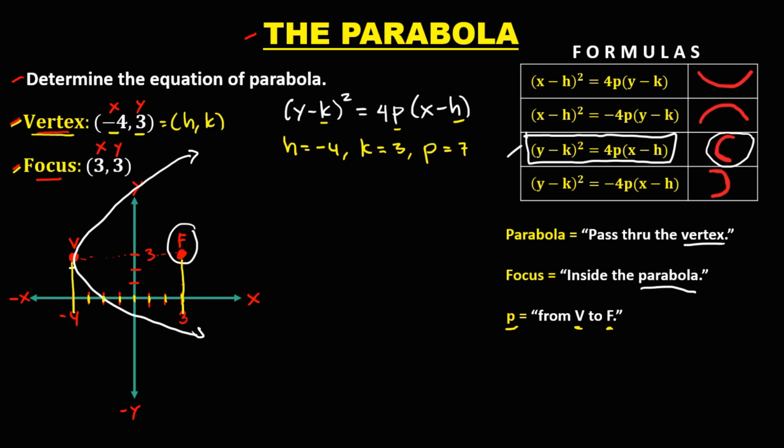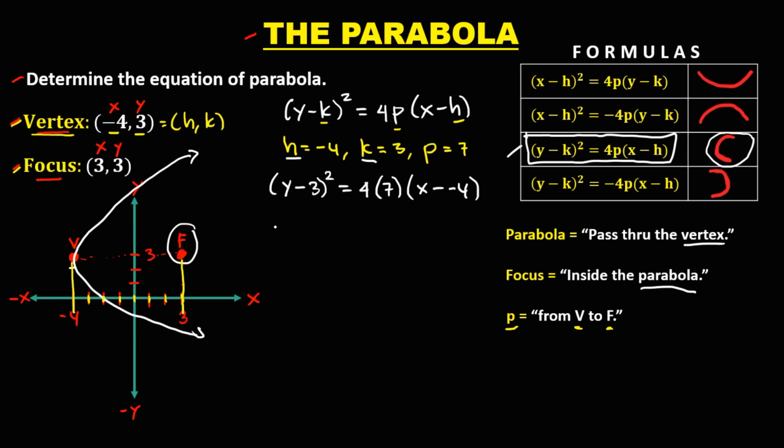Then to write now the standard equation, we have (y minus k), and k is positive 3, then quantity squared equals 4 times p, and p is 7, then times (x minus h), h is negative 4.